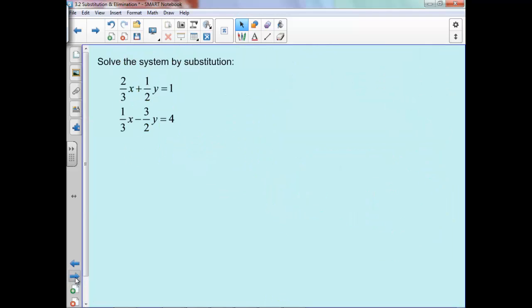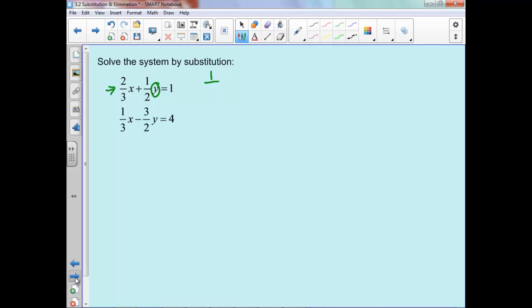So, same idea, solving by substitution. Notice there isn't an easy variable to get by itself right now, so we can just pick one. I'm going to just go with this equation and get our y by itself.